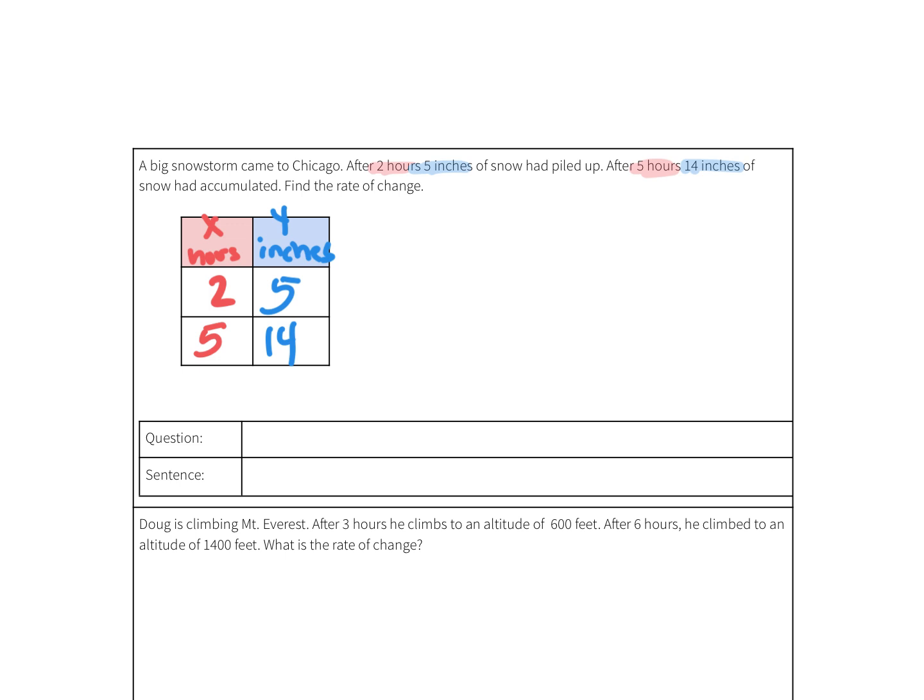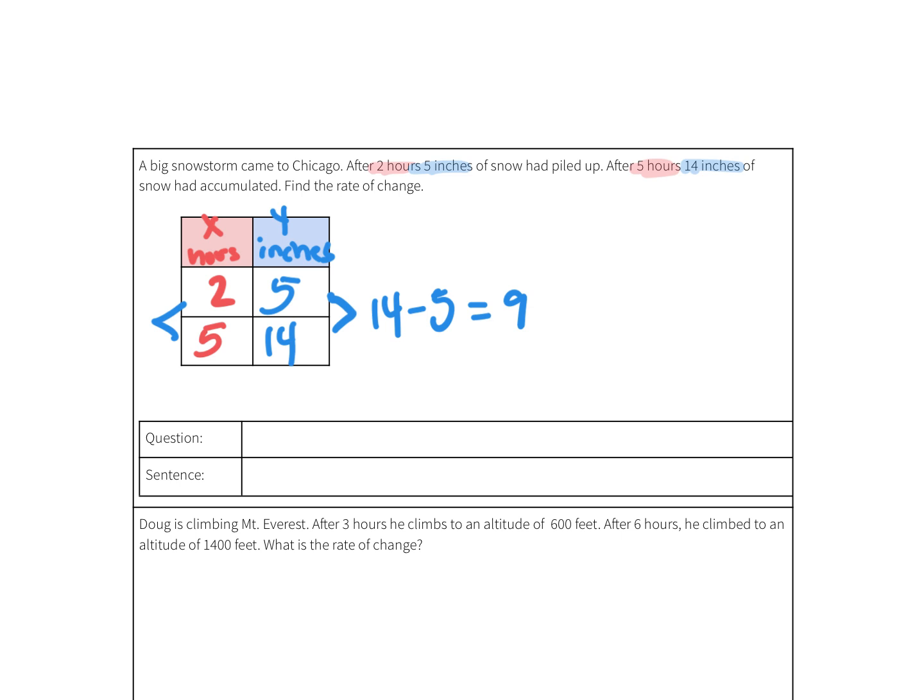Now, if I want to find the rate of change, I can use my slope formula or I can just find the difference. So I could go like this, 14 minus 5 is equal to 9.